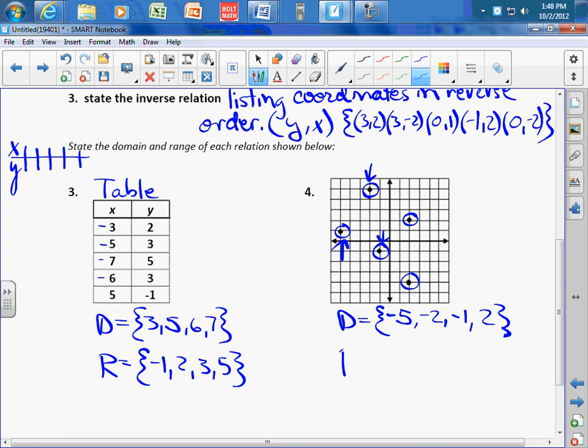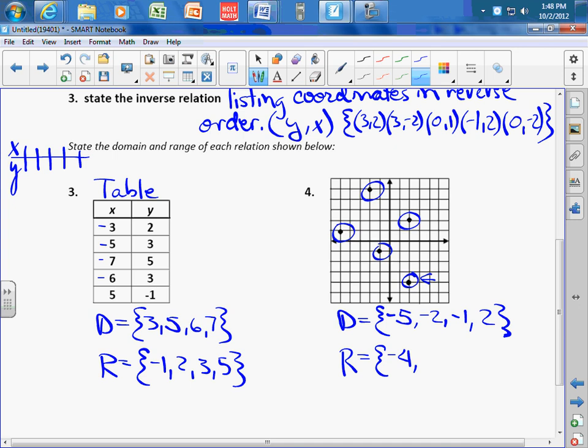The range, well, if I start with the bottom point, I will be able to write these in numerical order. So if I go to this point, what are the coordinates? 2, negative 4. What's my y coordinate?